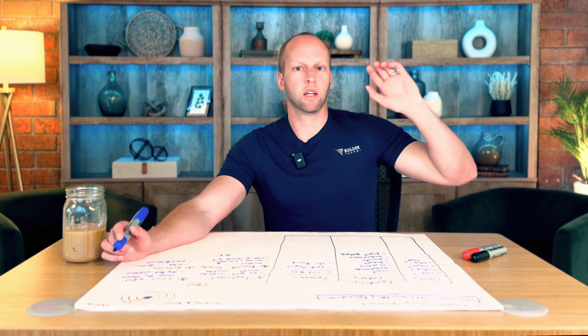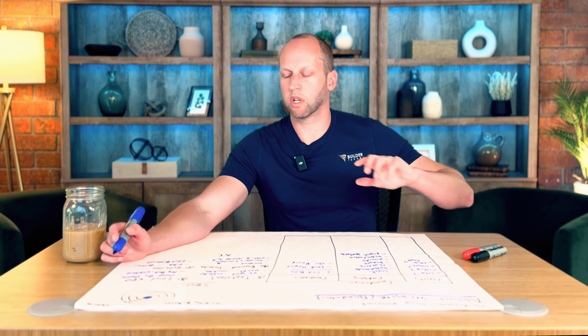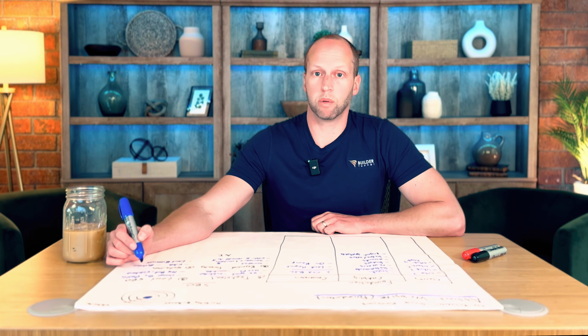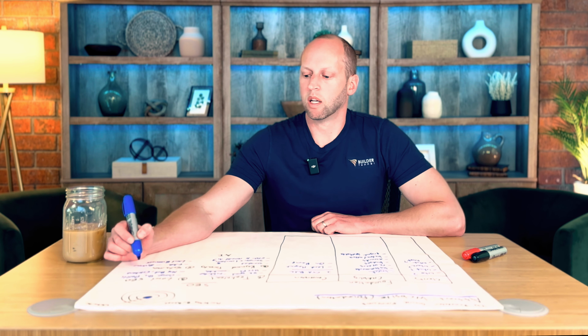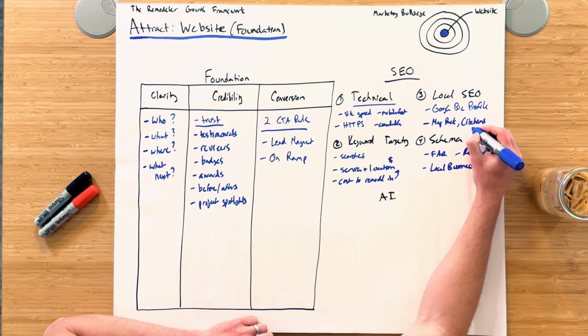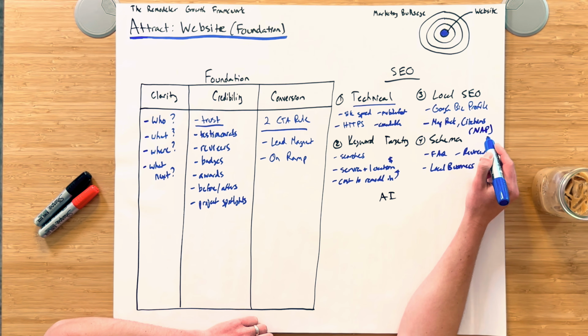So that could be like Yelp or Houzz or Facebook, any of those types of places. And we want to make sure that your business is listed in many of those other platforms, but the information is all the same. And so we use an acronym called NAP, which is name, address, phone number.